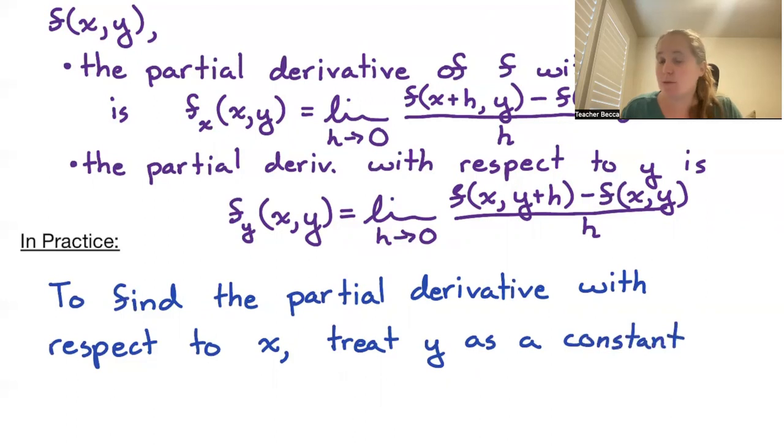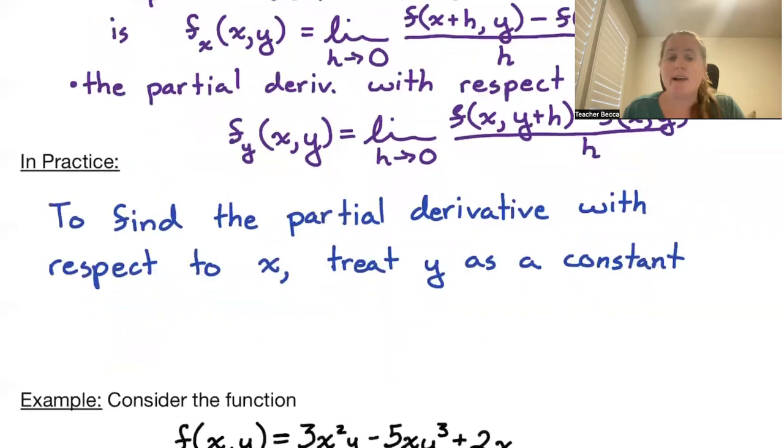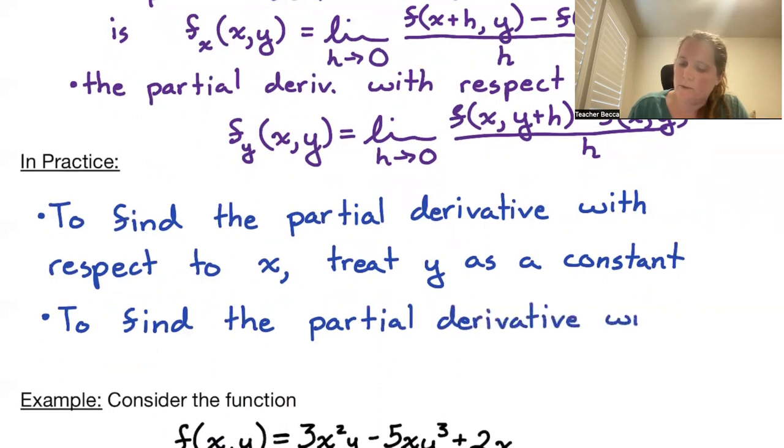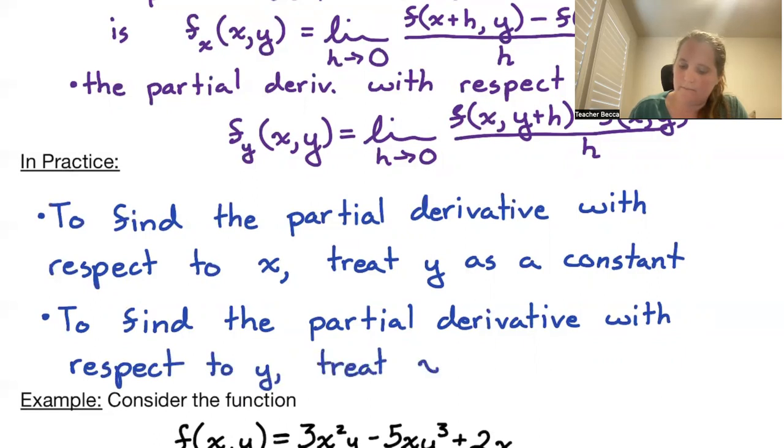So no implicit differentiation needed, no chain rule needed. We're just treating y as a constant. Similarly, to find the partial derivative with respect to y, we treat x as a constant.